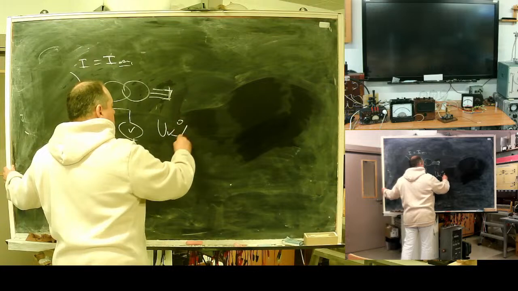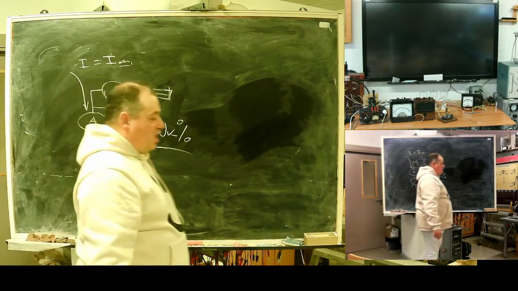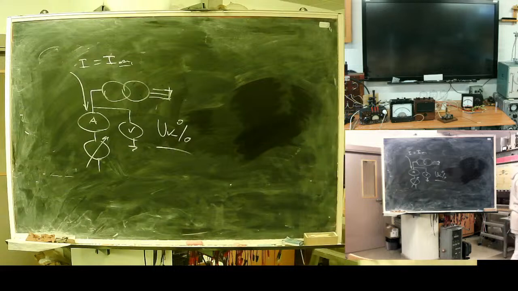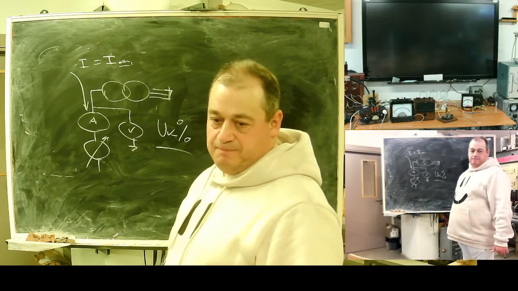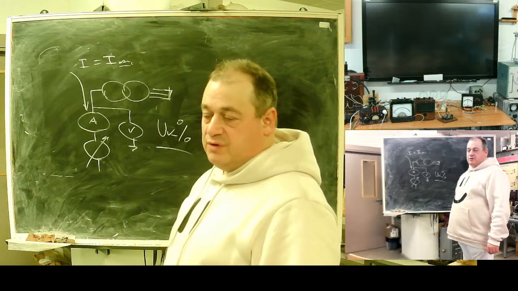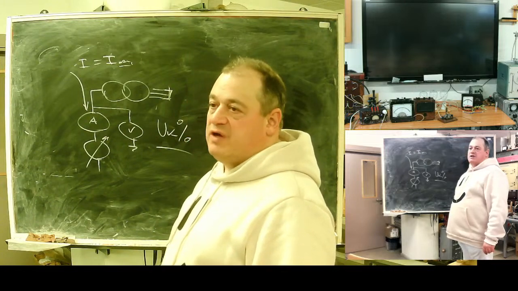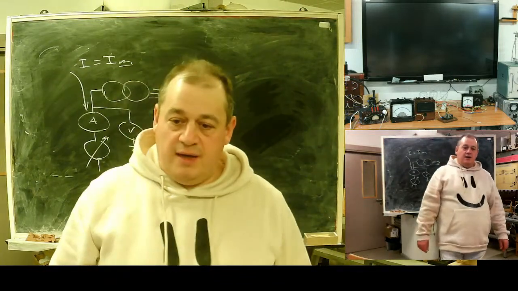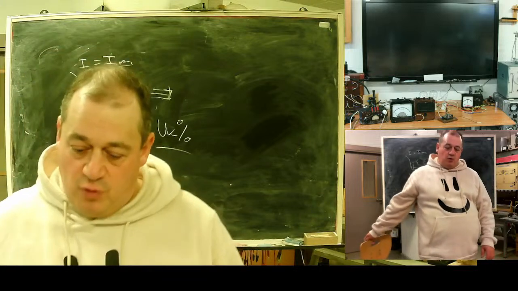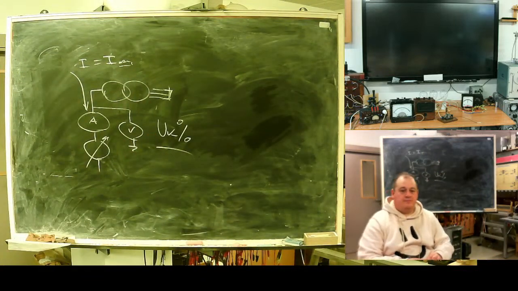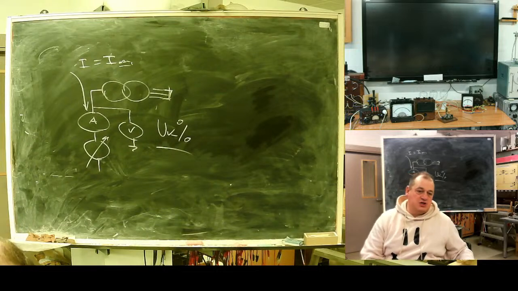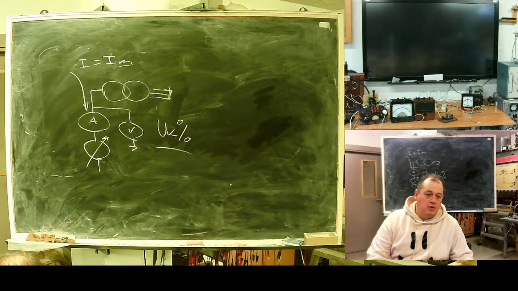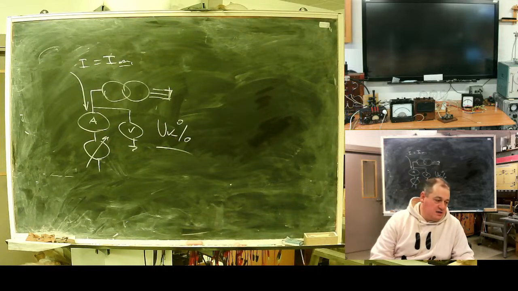I may use this symbol. Usually, manufacturers supply us with a data sheet where this voltage is given in percent. It's handy when you need to connect transformers in parallel, because you need this voltage to be equal on parallel transformers. This ensures that there will be no equalizing currents.